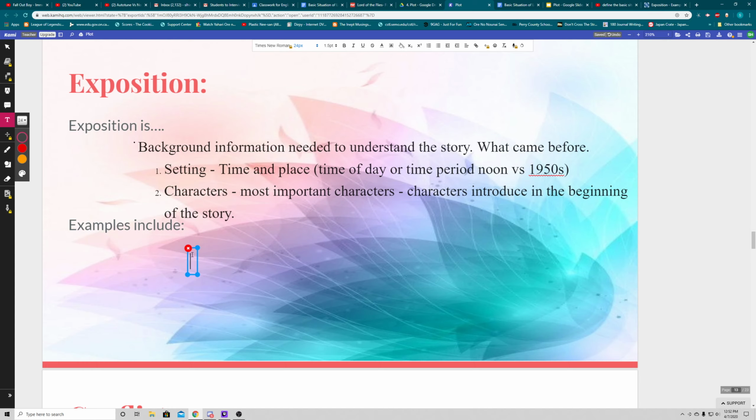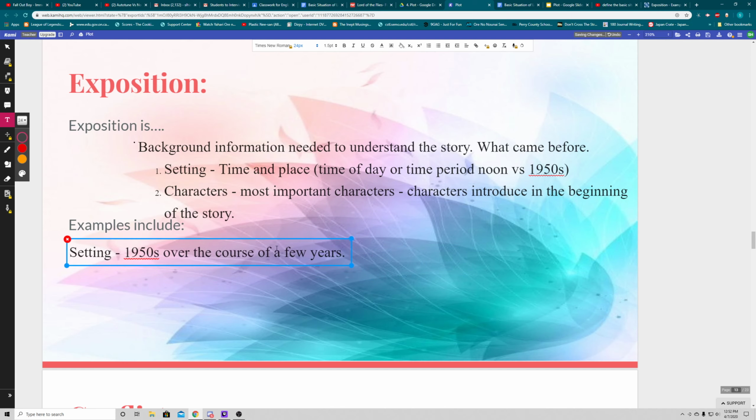So examples of this would include setting. If we're saying To Kill a Mockingbird, right, we can review that. The setting would be, time would be the 1950s over the course of a few years, because the novel expands several years.